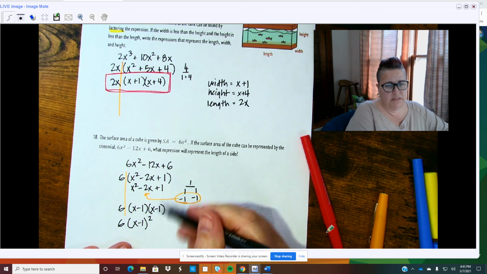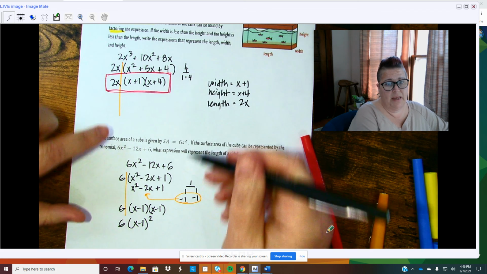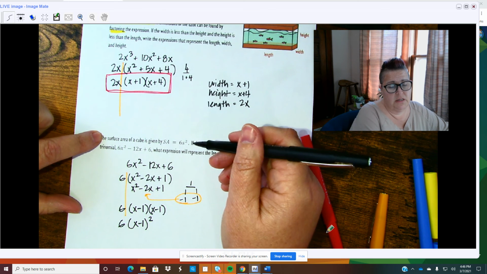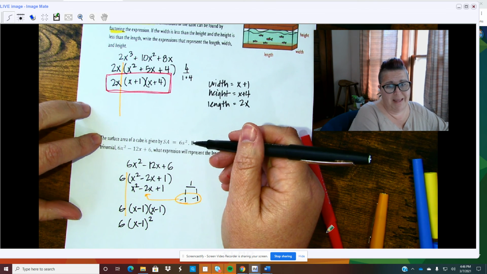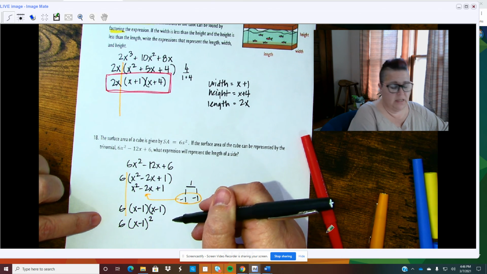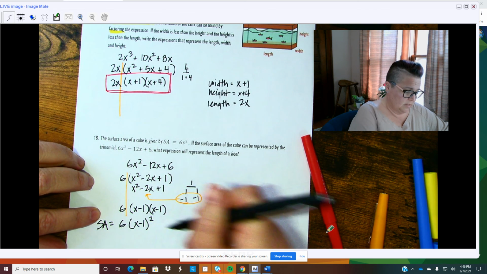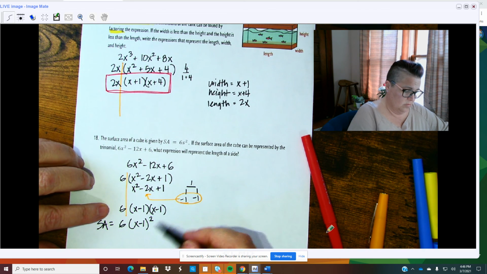Okay, so I factored it all the way. Now, can I pull this back to the first piece of information? The surface area of the cube is given by SA is equal to 6s squared. This says the surface area is 6 times x minus 1 squared.